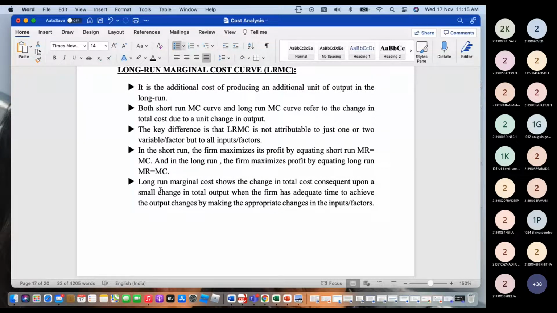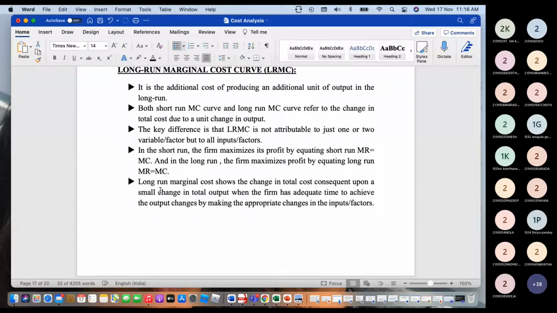Okay. Now we continue, and as we have done the short-run marginal cost, we are also doing the long-run marginal cost. And again, I want to just give you a recap. Marginal cost is the additional cost incurred by the firm because of the production of an additional unit of output.